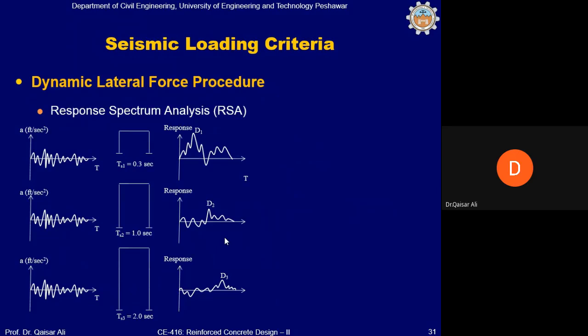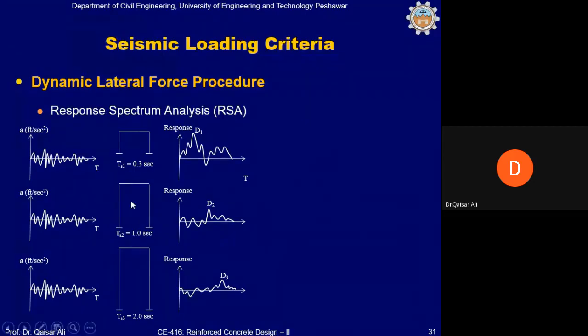Okay, instead of time history analysis, there is another procedure which is also dynamic, but is much easier than the time history analysis. The concept of the response spectrum analysis is that every structure has a time period, and a structure can be represented by a time period.